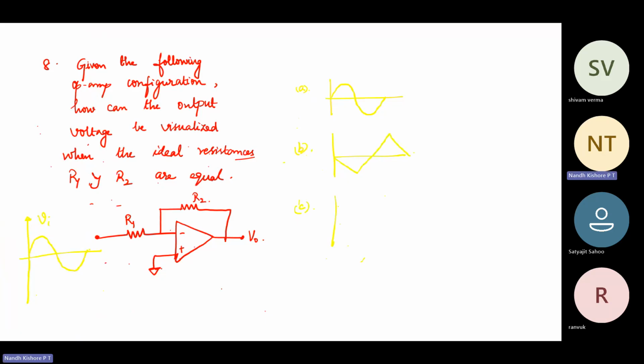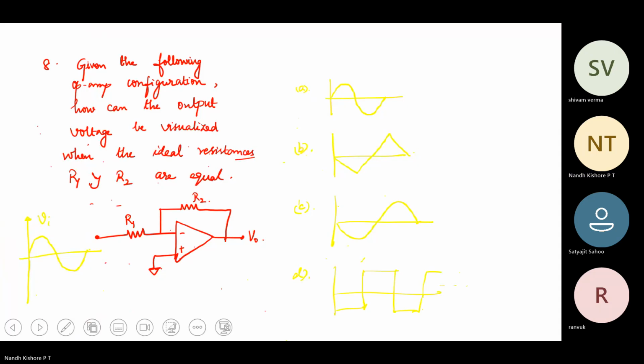C is an inverted sine wave. And D is an inverted square wave. So what is the answer? How would the output look like if I give a sine wave to an op amp?